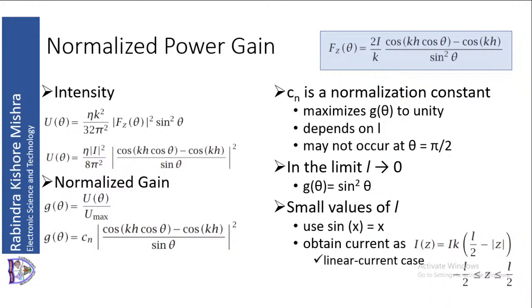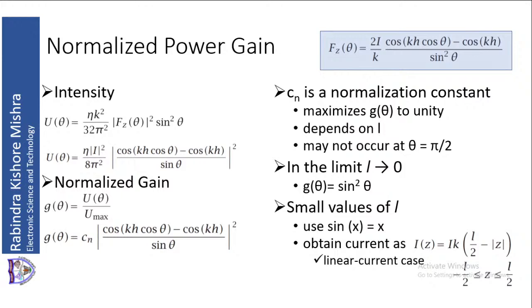So you have got a linear current case. This type of antenna where this approximation holds good is called a small antenna. This is when your length is greater than lambda by 50 but less than lambda by 10.